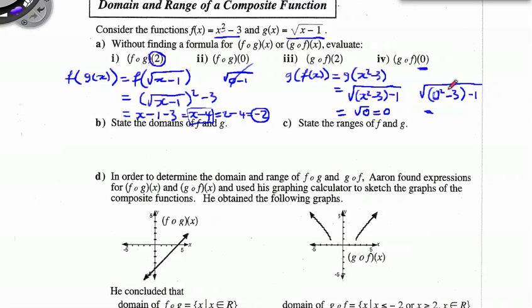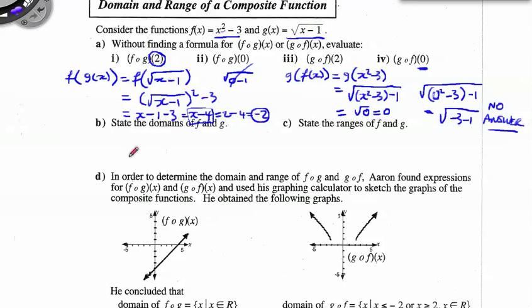So notice this is going to end up being the square root of negative 3 minus 1, or the square root of negative 4. So the answer does not exist, so no answer for this one either.